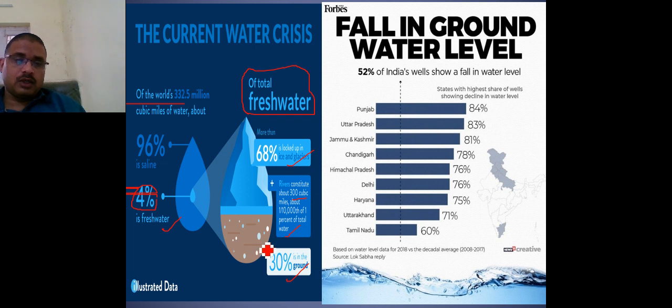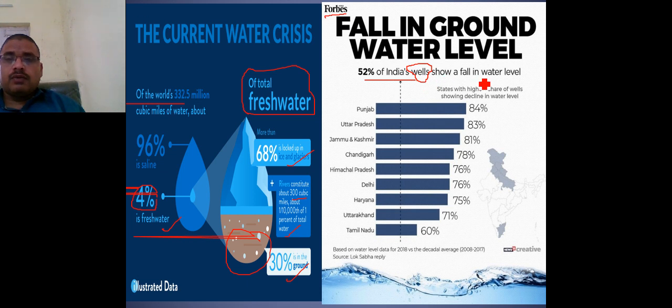The data given here is by Force magazine, and according to this data, there is a fall in groundwater level. We are talking about the water availability at the ground level, and the water level is going to fall. Here, 52% of India's wells show a fall in water level. That means the water level is going down.